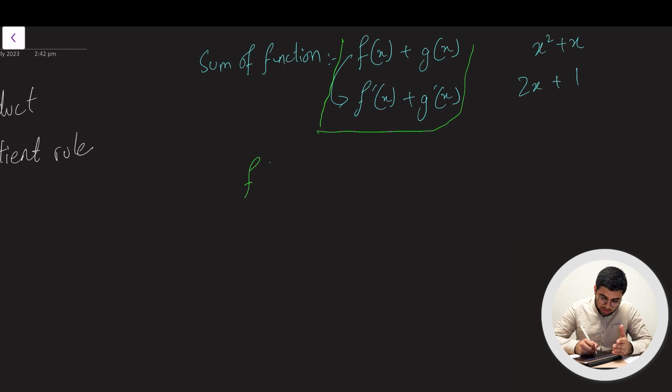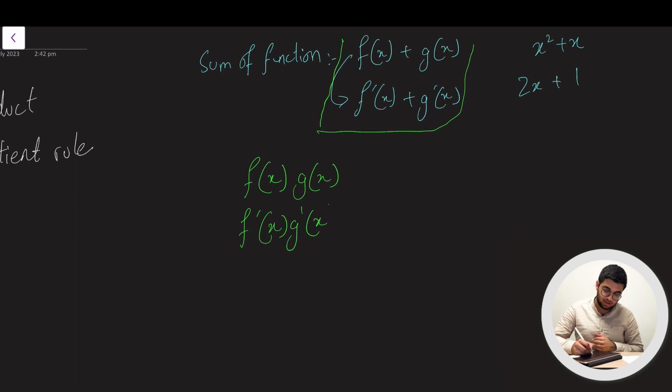If you have f of x times g of x, is it possible that to find the derivative, you just derive them independently and leave them as products? Well, it's not that bad of a conclusion, is it?